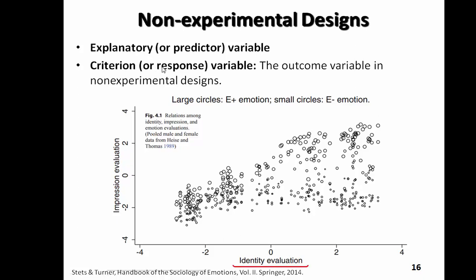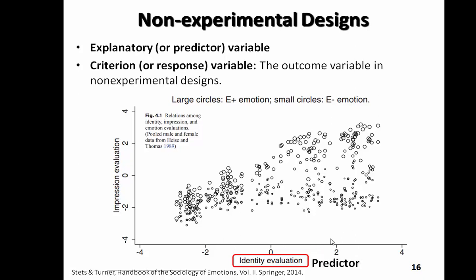And so in this example here we see the results of a study that sought to examine relationships between identity, impression, and emotion among what you see here is a large number of individuals. So along the x-axis would be the predictor variable.